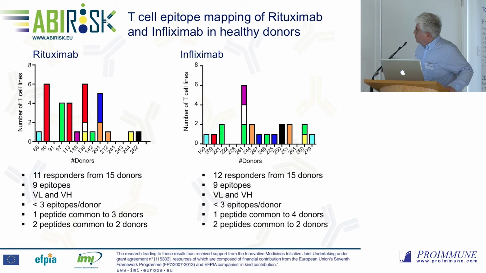We included 50 donors, which are HLA typed, and we have the diversity of HLA molecules. You can see that we get 11 responders from the 15 donors. We find 9 different epitopes that are present on the variable light and heavy chains, and there are some peptides that are common to donors.